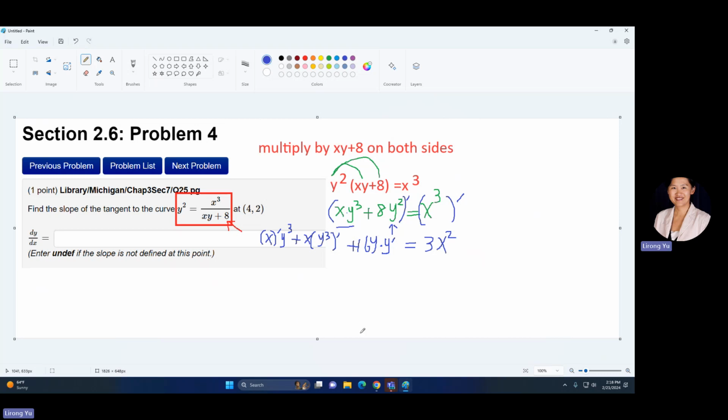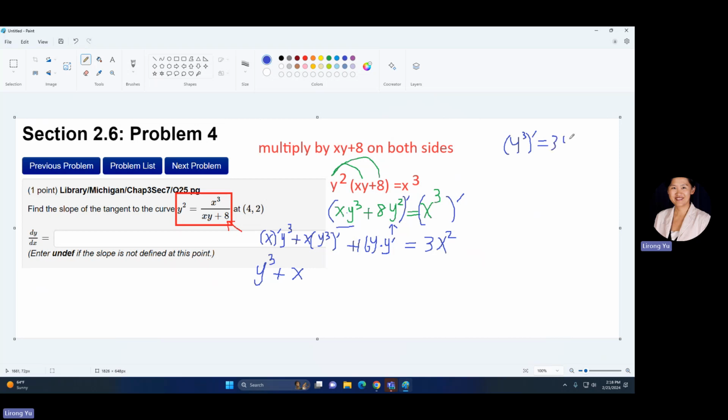So next up, I'm going to finish all the ones that we put prime notation on. X prime is the derivative of x, which is 1. 1 times y cubed is just going to be y cubed. The second one, you have to keep the x, and we differentiate the y cubed. The derivative of y cubed by itself, you have to do the power rule.